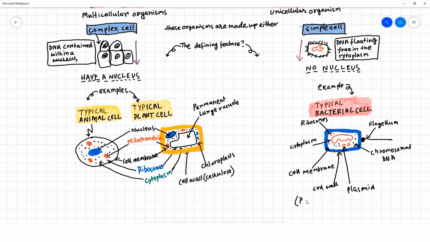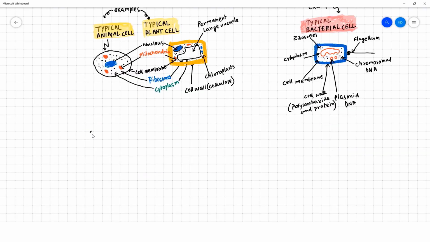Polysaccharide and proteins. Okay, the cell wall proteins. Now here the subcellular structures. I'm going to write over here subcellular structures.